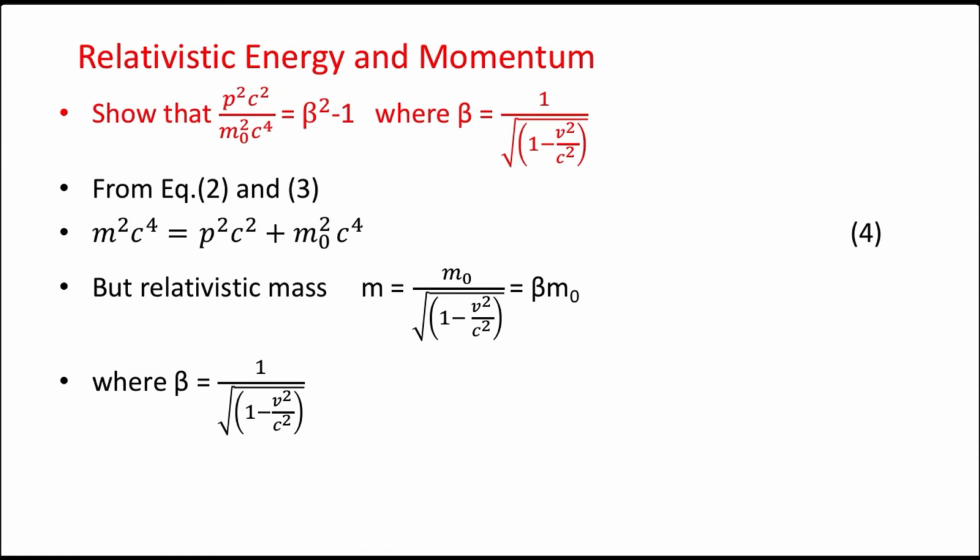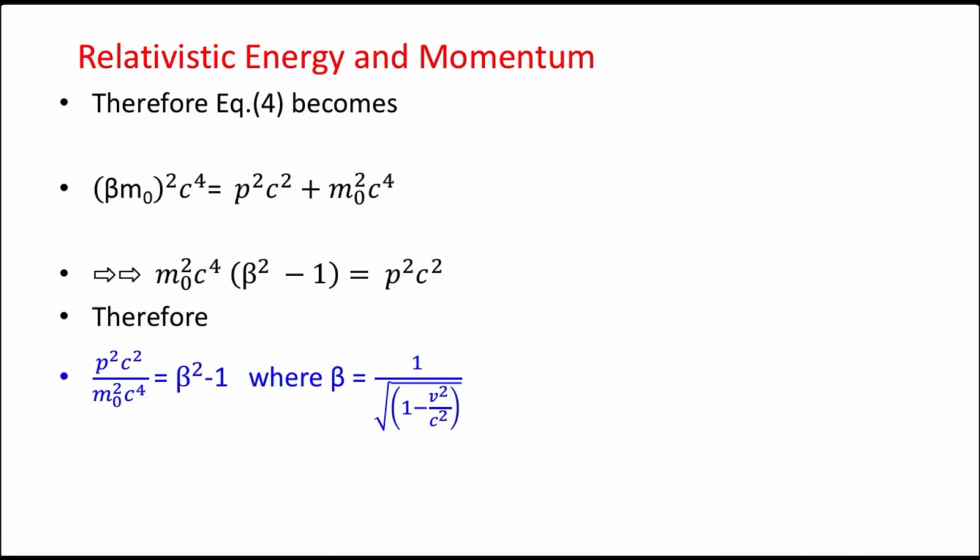So if I write 1 upon under root of 1 minus v square upon c square is equal to beta, then I can write m is equal to beta times m0, where beta is equal to 1 upon under root of 1 minus v square upon c square. Now therefore equation 4 becomes (beta m0) whole square into c raised to the power 4 is equal to p square c square plus m0 square c raised to the power 4.